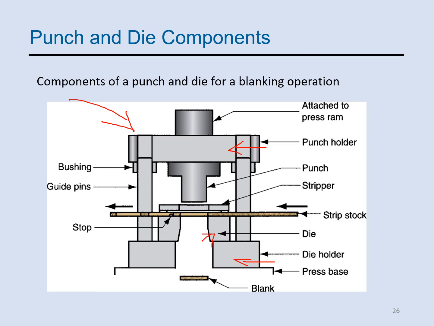The die set includes guide pins and bushings to make sure we have proper alignment between punch and die during stamping operations. This element is the guide pin, and on the right side also. Here, the actuation of the ram accomplishes the press working operation.